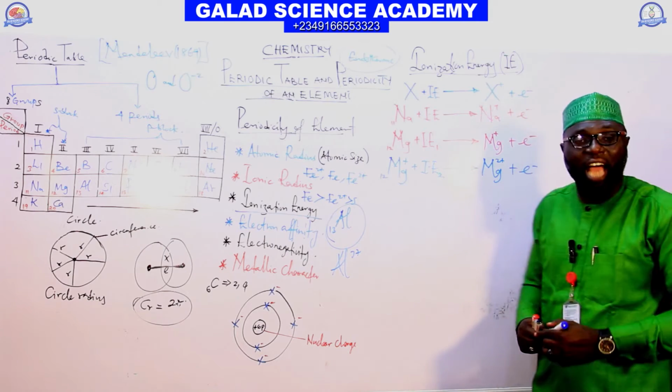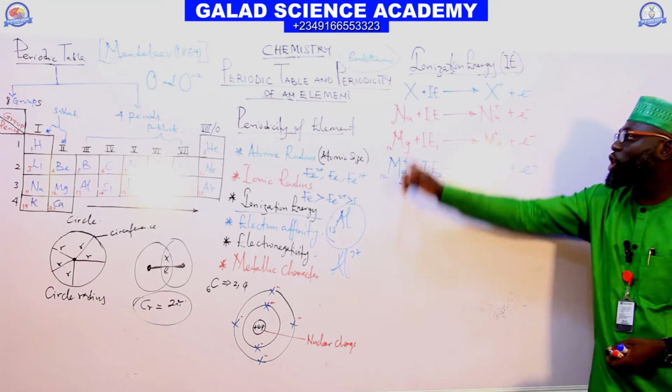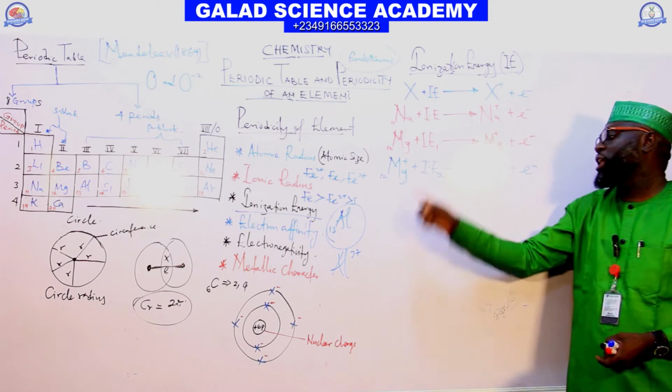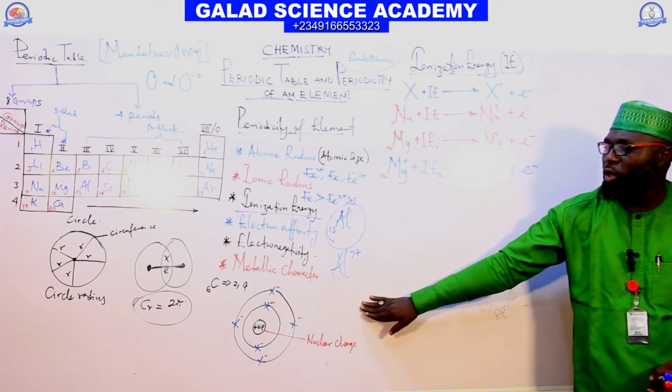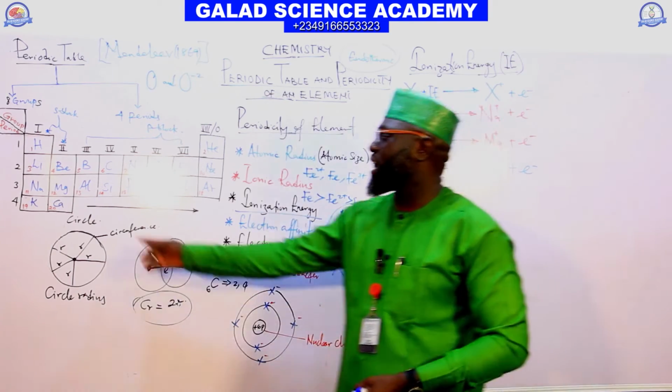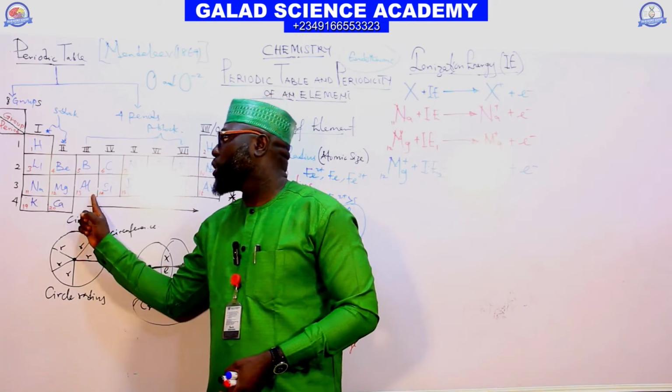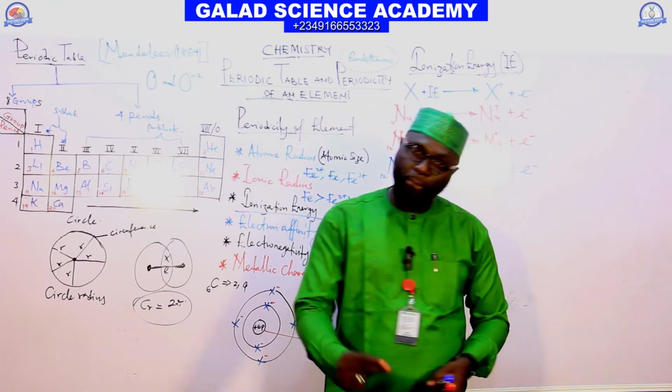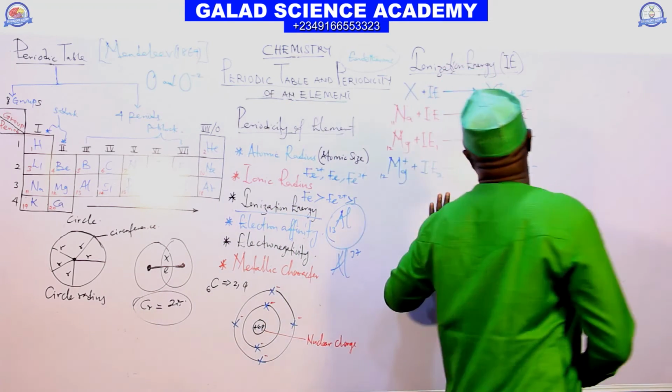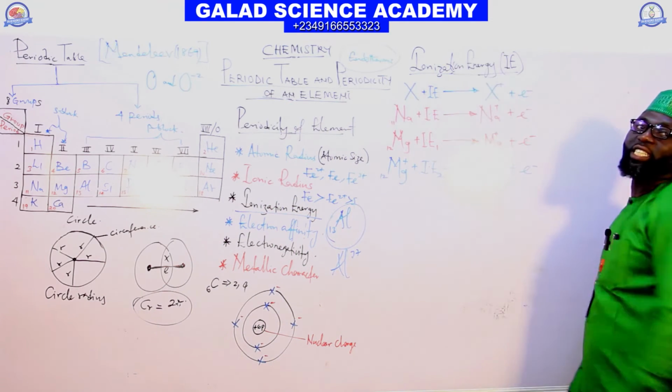So the ionization energy required in sodium is less than magnesium, less than aluminium. If you observe, the 3 of them are in period 3.